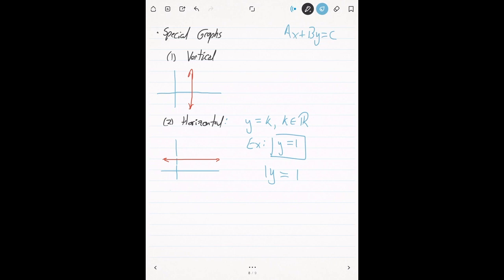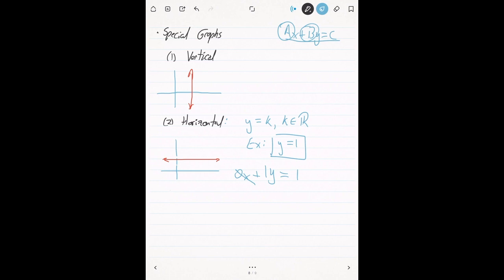B here is 1, but a is 0. Remember, you were allowed to have this situation. This fit our definition. The definition said be in this form, but a and b cannot both be 0. One of them could be 0. Here's the situation where that occurs. Here's when a is 0. It has canceled out the x variable, so all we have left is y.